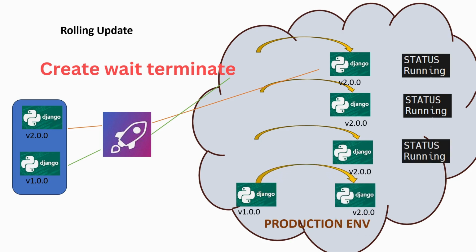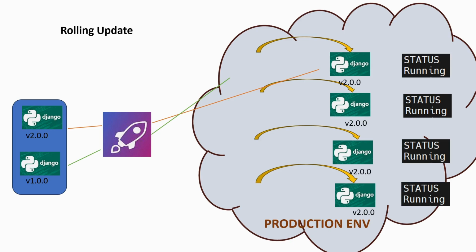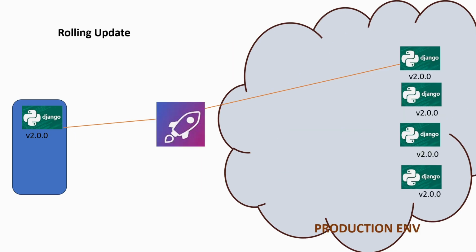Again create, then wait, and then terminate, until all pods are replaced with the new version. By the end of the rollout, all 4 pods will be running version 2.0.0 and at no point was your application completely down. This is the power of rolling updates: smooth, controlled and zero downtime deployments.